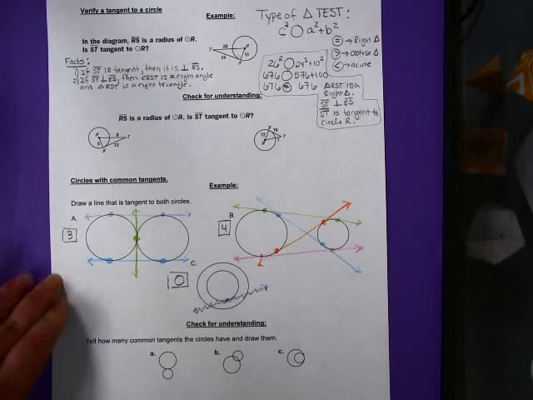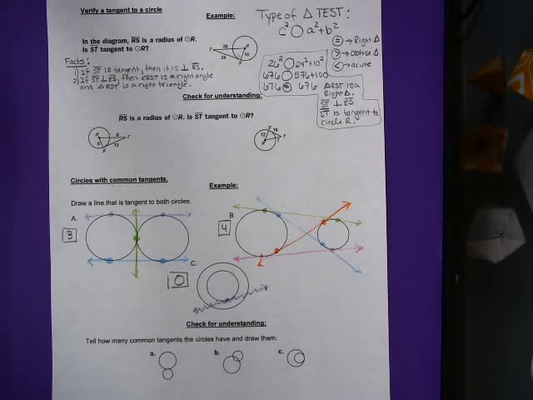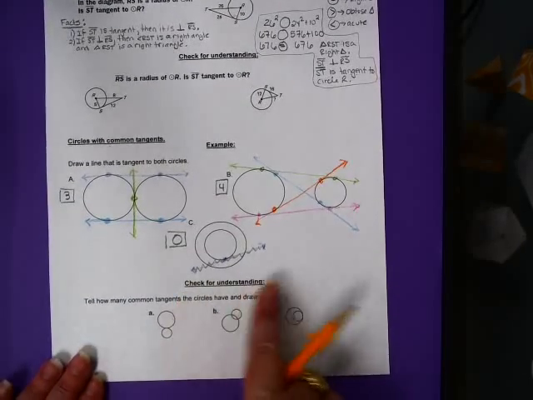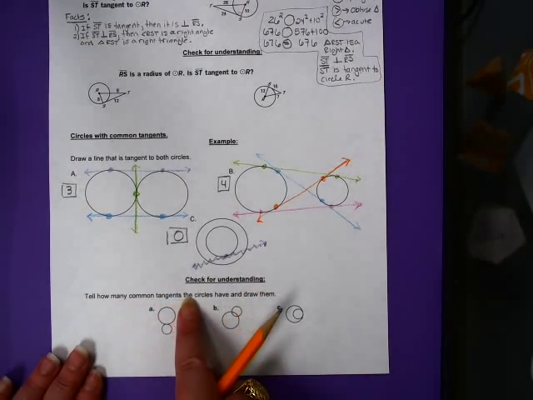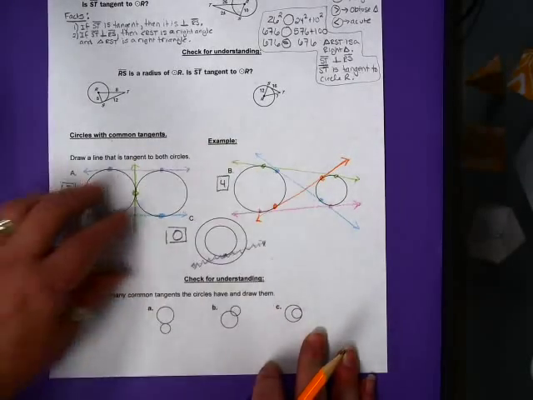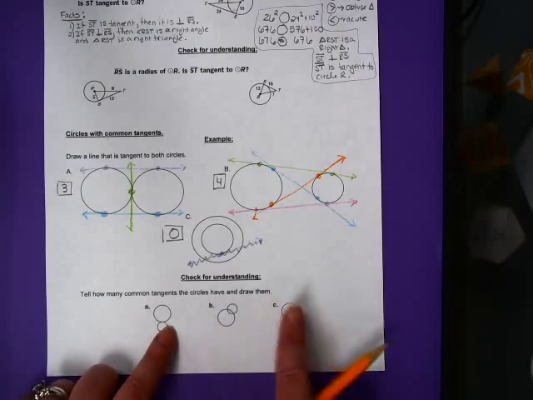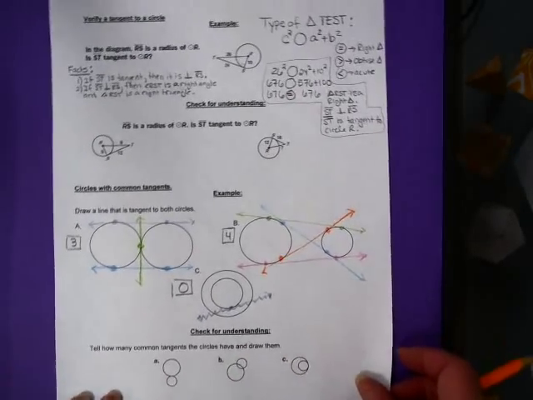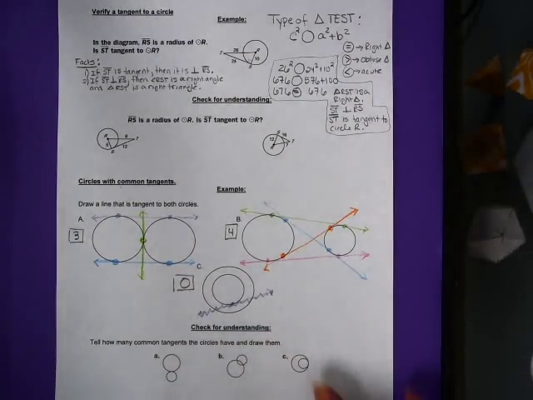Common tangents means it has to be tangent to both circles. All right, the next one. Check for understanding. Tell how many common tangents the circles have and draw them. So you're doing basically the same thing up here to these right here. Okay, make sure you do those and bring them in. That's your check for understanding.